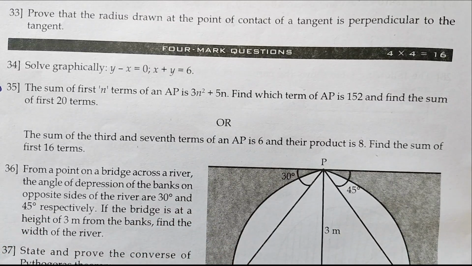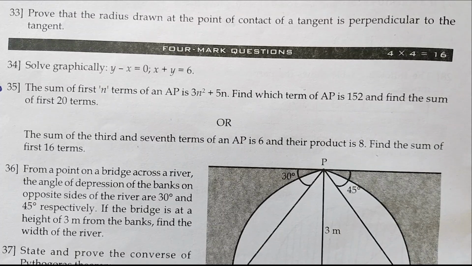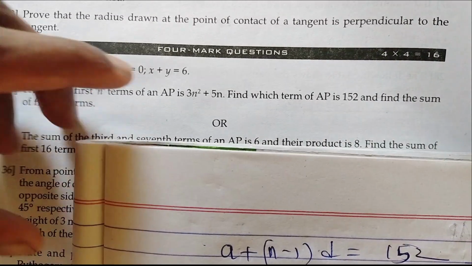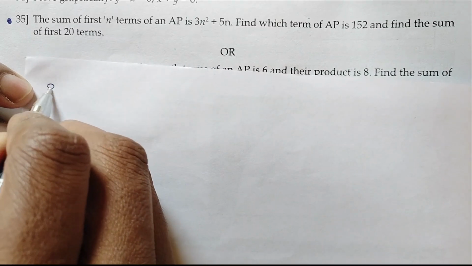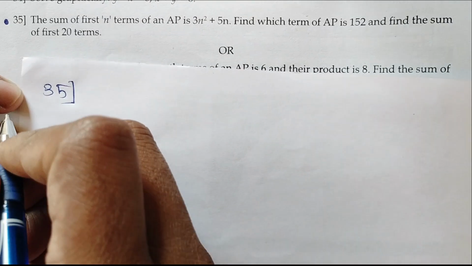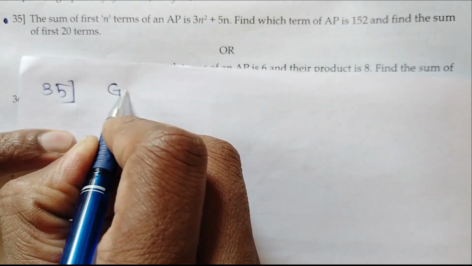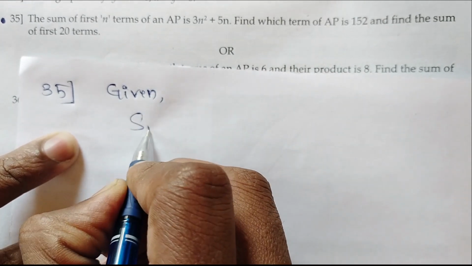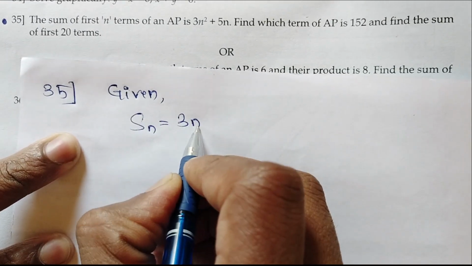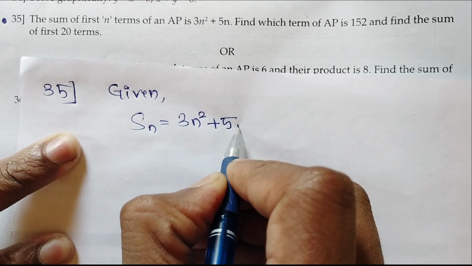Here it is given that in general the sum of first n terms is given. We write the given data, question number 35, and here given is a general statement: Sn is given by 3n square plus 5n.